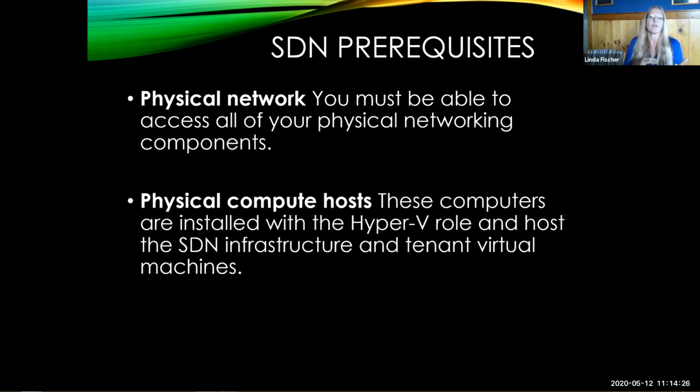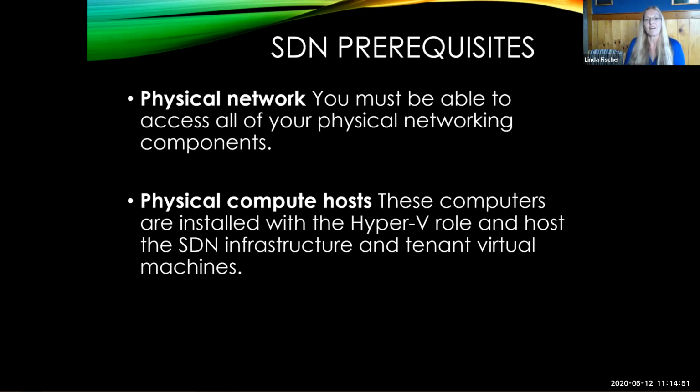That includes your VLANs, your routers, your border gateway protocol devices, DCB with enhanced transmission selection if you're using RDMA technology, and DCB with priority-based flow control if you're using RDMA technology that's based on RDMA over converged Ethernet. It's just a mouthful, isn't it?